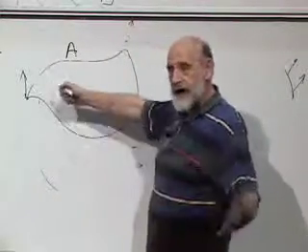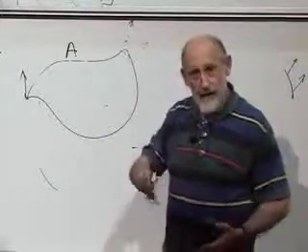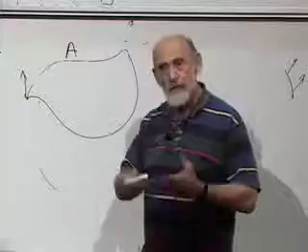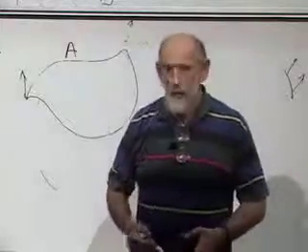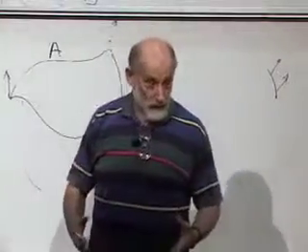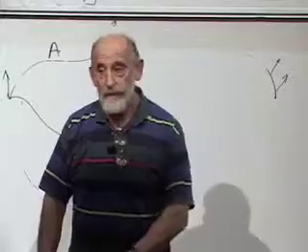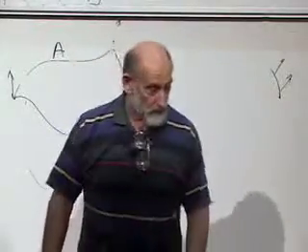And if you ever find a curve that you can take the vector around where the vector does not come back to itself, somewhere in there is some curvature. That's the definition of curvature. That parallel transport around a closed curve does not bring you back to the same vector.